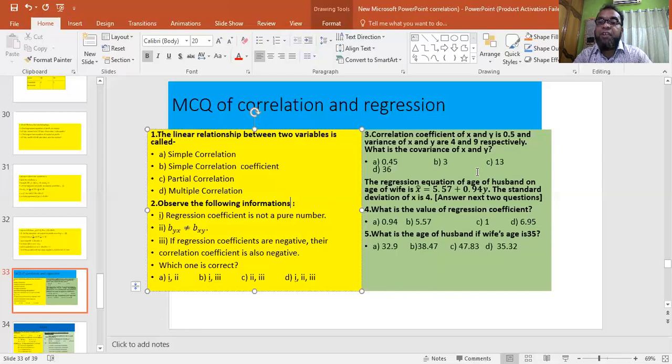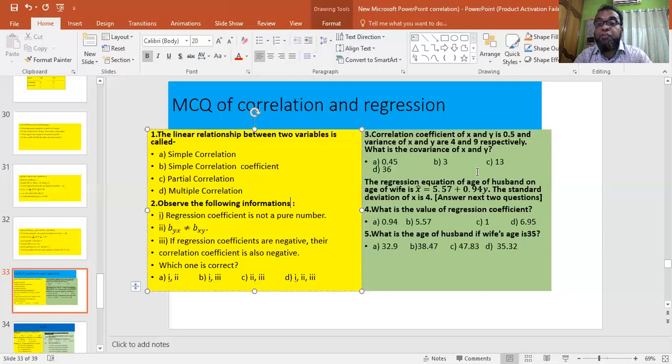And B is the regression coefficient of X on Y because X is on the left side. The values of A and B are both given. That's why it is X cap, that is, estimated X. The standard deviation of X is 4. Answer the next questions 4 and 5.